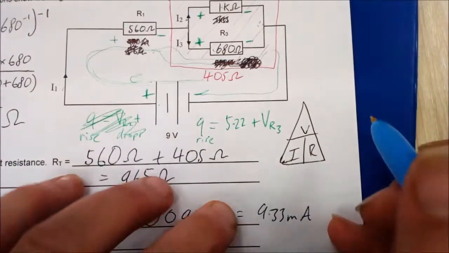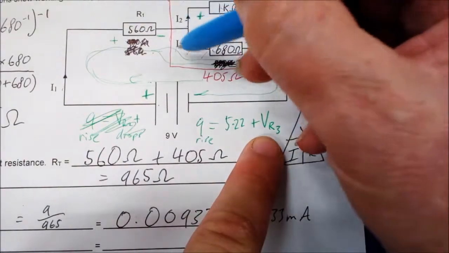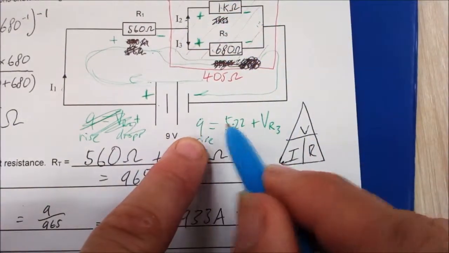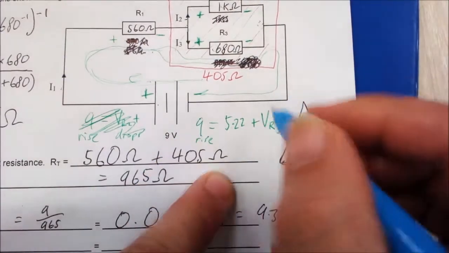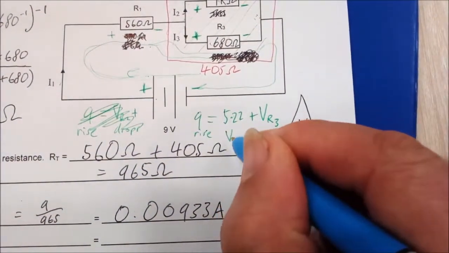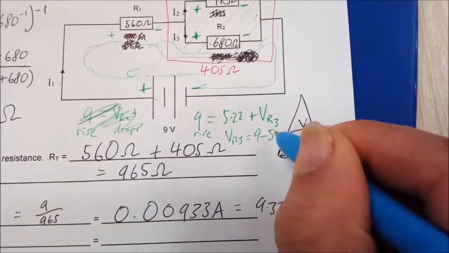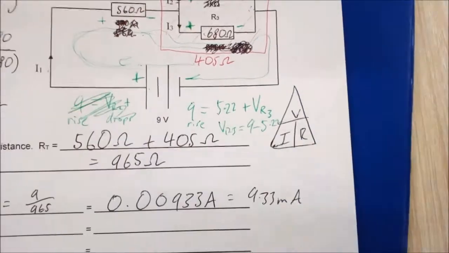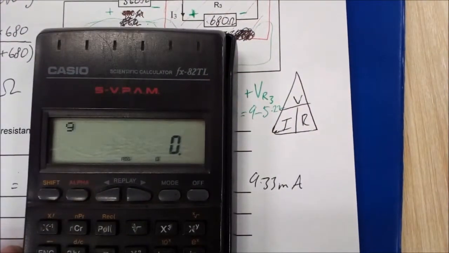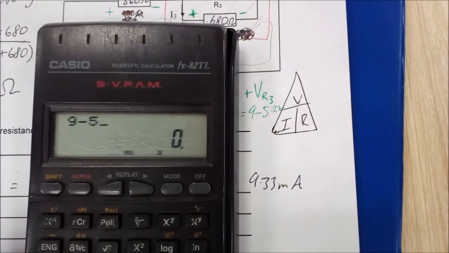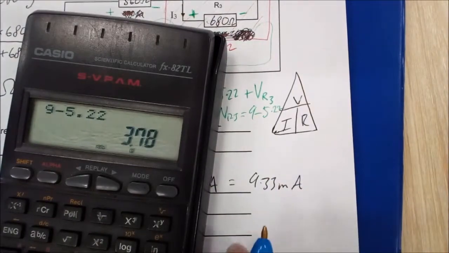Suffice to say, it actually doesn't really matter, which you'll see in a minute, because if we VR3, okay, 9 equals 5.22 plus VR3. So in other words, we need to rearrange this to say VR3 equals 9 minus 5.22. Okay, sorry, it's getting a bit messy now, but 9, yes, deal with it, minus 5.22 equals, so it's the difference there, which equals 3.78.